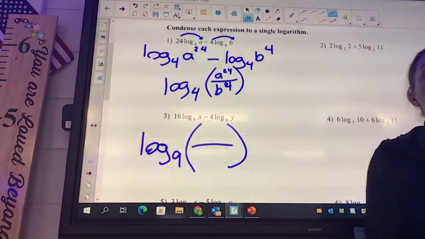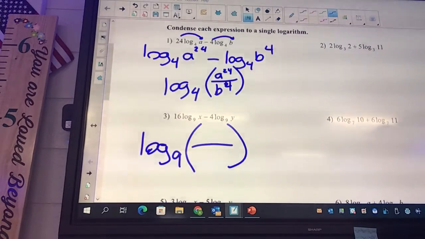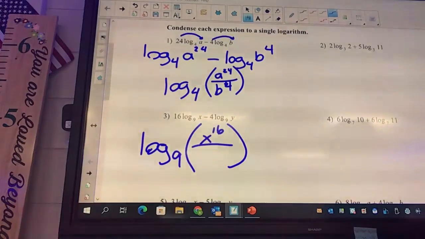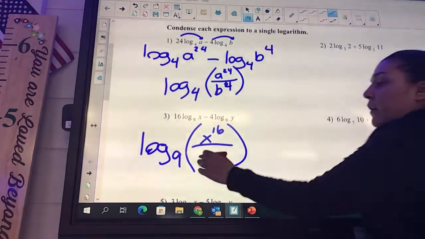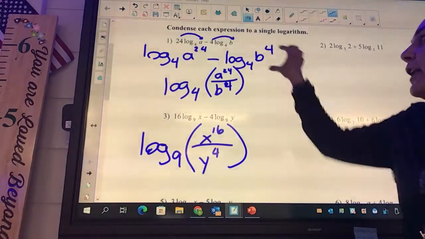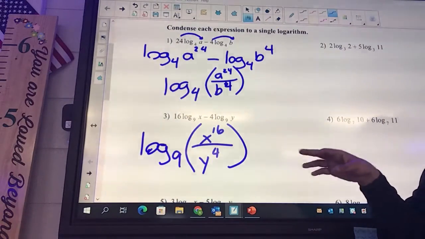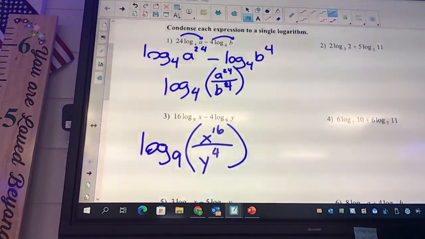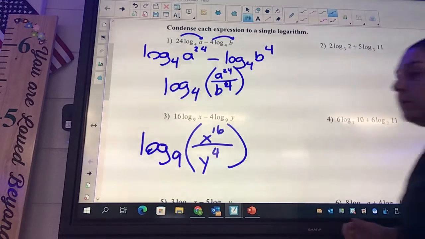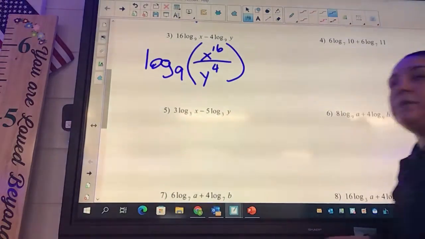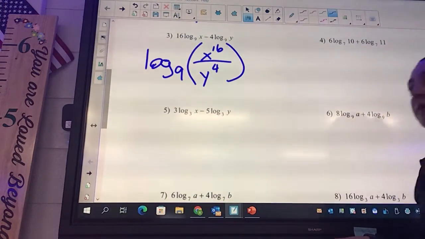What's going to go on top? x to the 16. What's going to go on bottom? y to the 4. Okay, so we didn't write it all the way out like that, and that's totally okay. But take your time. Make sure that you do the division or the multiplication symbol.